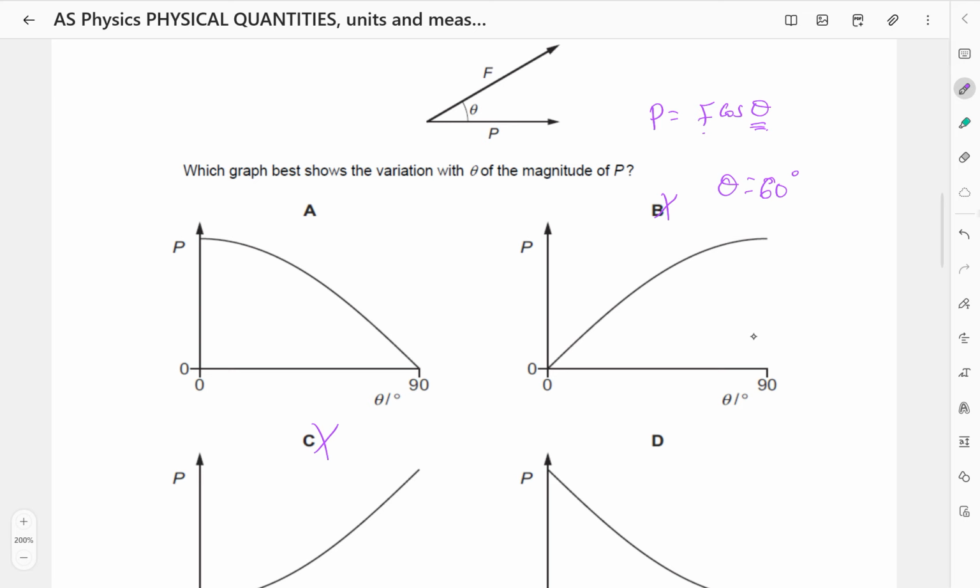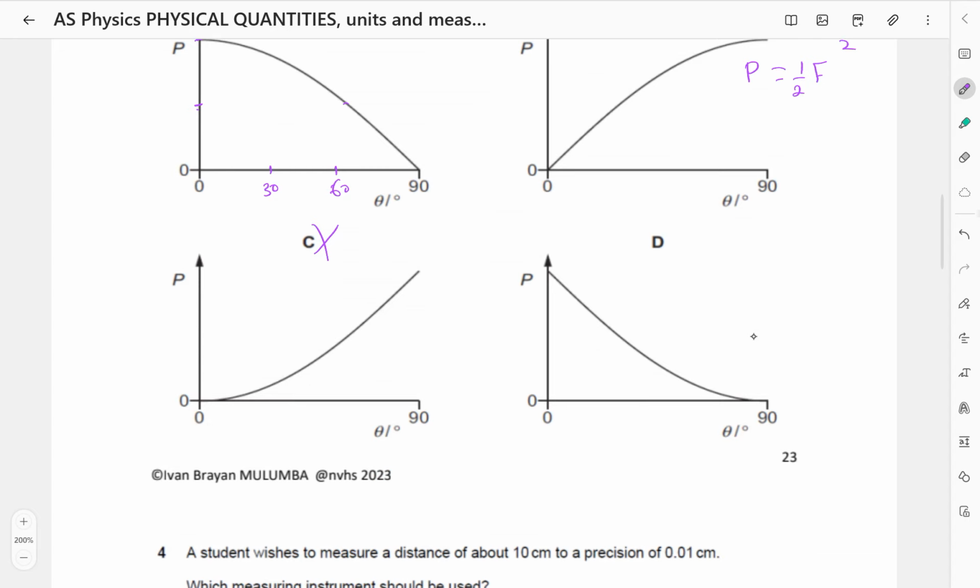Let me divide this into 30 somewhere here, and 60 will be somewhere here. When theta equals 60 degrees, cos 60 is a half. So P will be a half of F, and this is F. So P should be approximately halfway, around there.